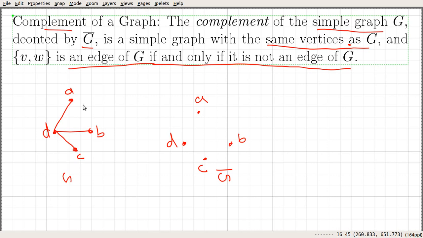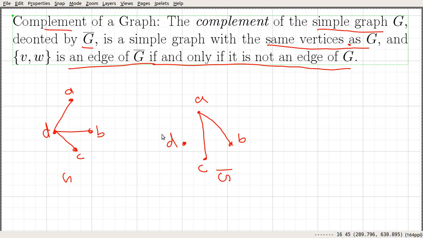There is an edge between A and D, so there won't be an edge between A and D. There will be an edge between A and B in G bar because this edge doesn't exist here. Similarly, there will be an edge between A and C.